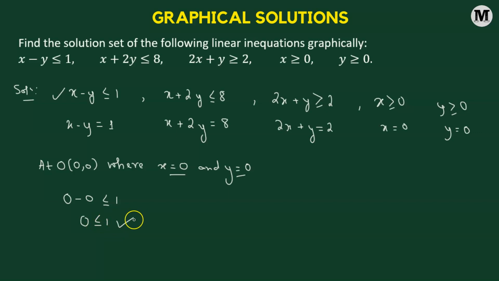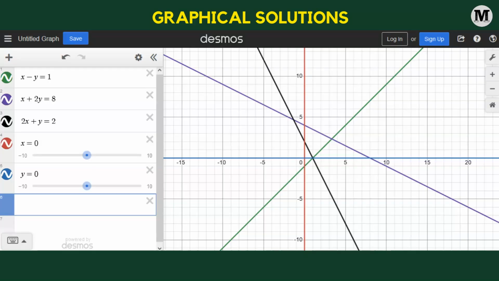Yes, 0 is less than 1. This tells us that the region that contains the origin is a solution to the given linear inequality. So here, the region above the green line is a solution to our given inequality.